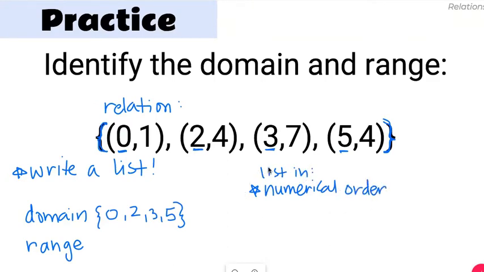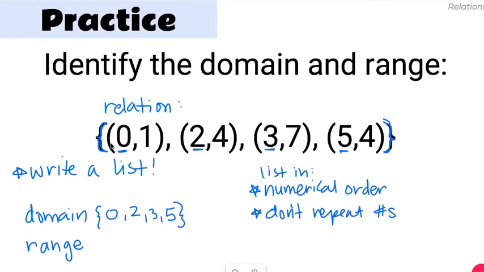So definitely make your list in numerical order, and you don't repeat numbers. When you're listing your domain and your range, you need to go in numerical order, smallest to largest, and if you have any numbers repeating, you don't have to include them.